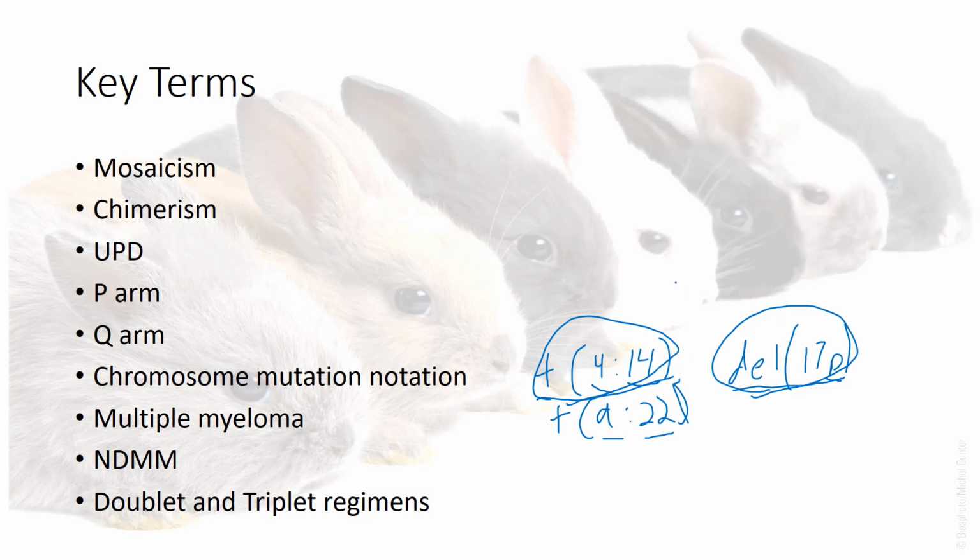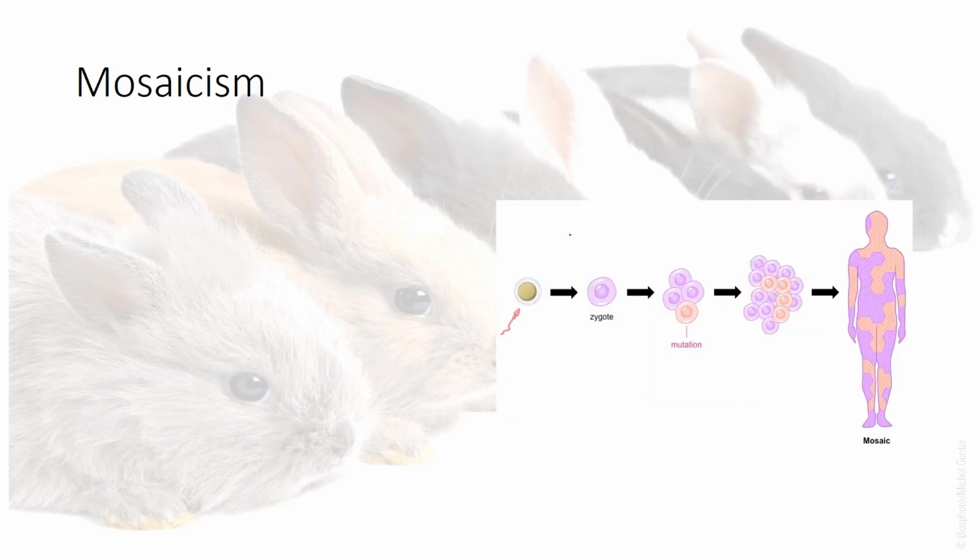And so those patients are given a triplet regimen and still have reduced survivability. The paper we're going to talk about, and I'll post on Canvas again, is a review paper and basically goes through and looks at these different drug trials and treatment cases for patients with multiple myeloma and these specific cytogenetic abnormalities.